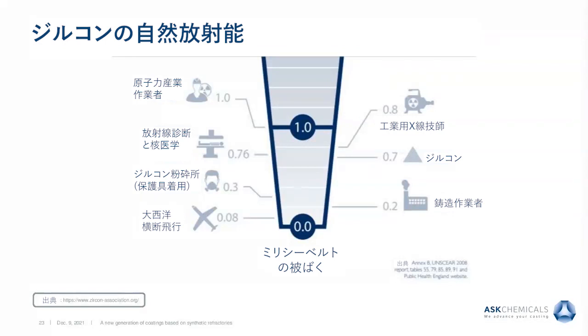So Zircon sand and Zircon flour have some radioactivity, as you see here. It has 0.7 millisieverts as a dose, and this is comparable with diagnostic radiology and nuclear medicine. So certainly you have to take precautions using Zircon.